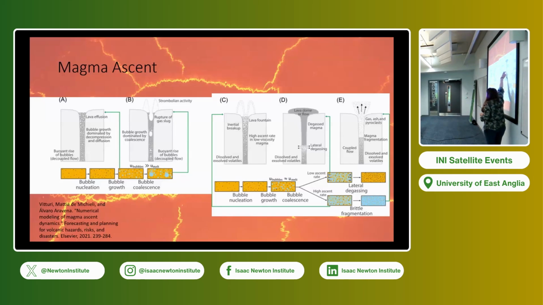So it's very sticky, and it does come out, but it's more like toothpaste. So it creates what we call a lava dome. And this is a fairly steady state. There are examples of this where the dome creates spines, and it just kind of keeps flowing.